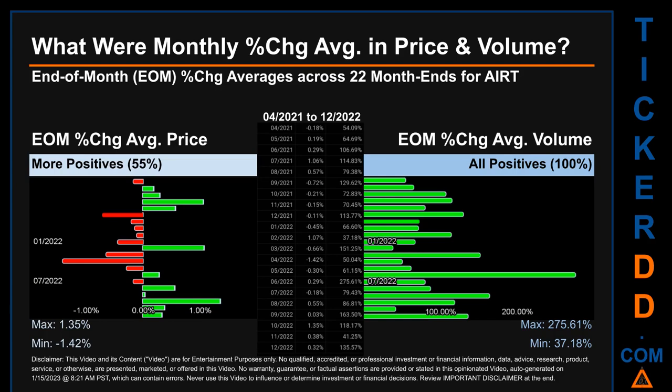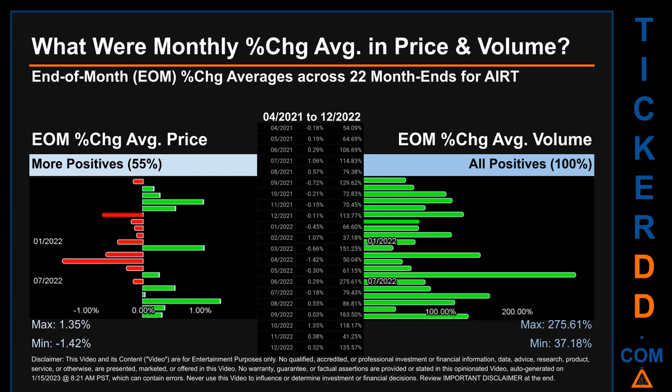What were end-of-month percentage change averages in price and volume for AIRT? The monthly average of percentage change, in price and in volume, were calculated for each of the 22 month ends. That calculation took daily percentage changes and averaged them for each given month. If a month end came out negative, then it means that the month summarily saw a negative change.